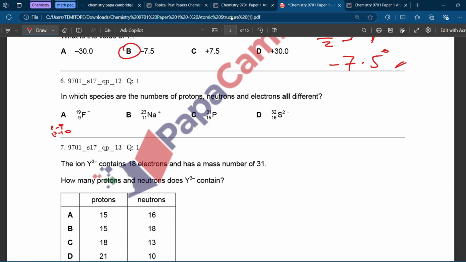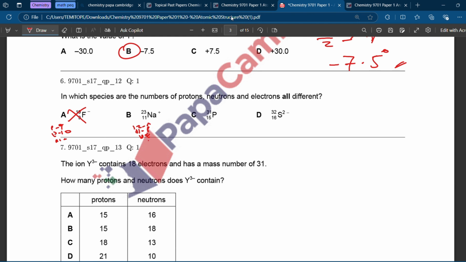In which species are the number of protons, neutrons, and electrons all different? In this case, fluorine, the number of protons is 9, electrons is 10, and neutrons is also 10 because 10 plus 9. So this is wrong.